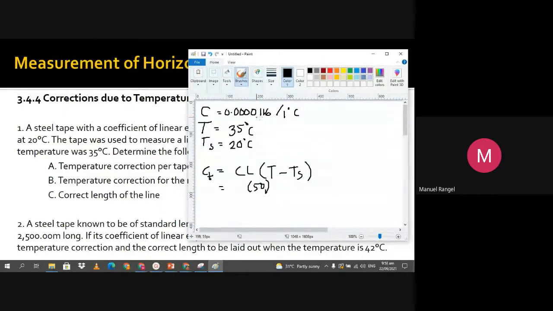So times the value of C. Then we have the temperature 35 minus 20 degrees.